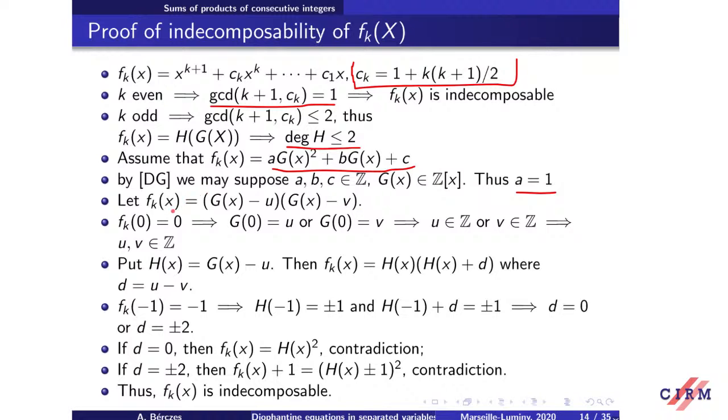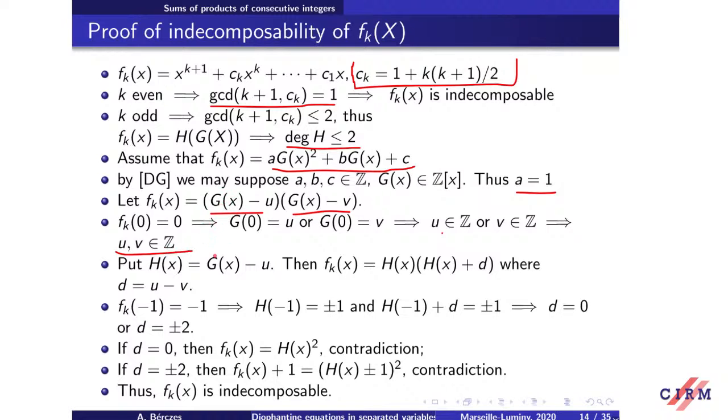But we know that fk of 0 is 0, so either one or the other factor must be 0. So we get g of 0 equals u or g of 0 equals v, which shows that either u or v is an integer. But now we have a quadratic equation. If one of the roots is an integer, then the other one must be an integer. So both u and v are integers.